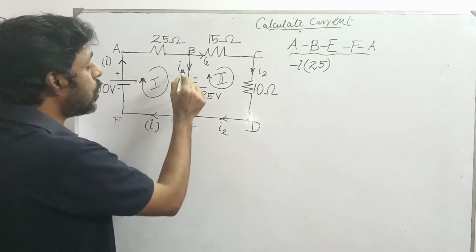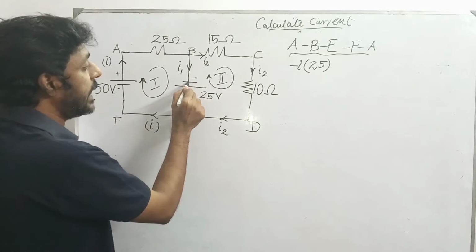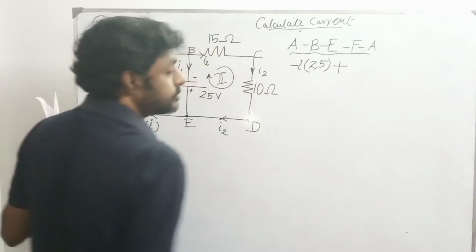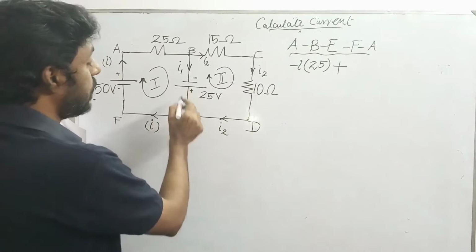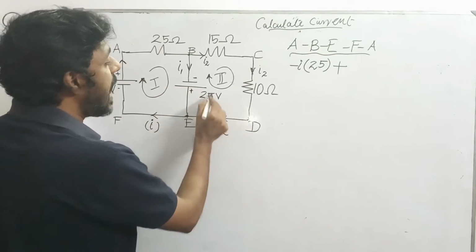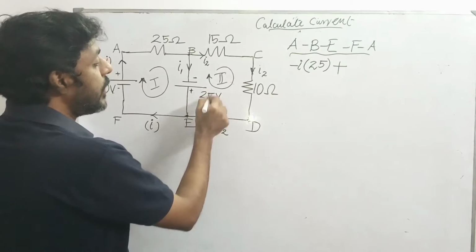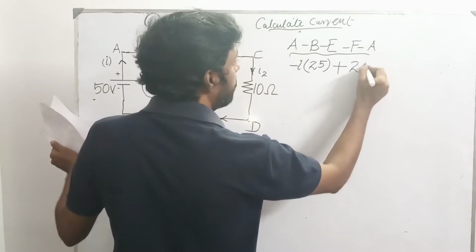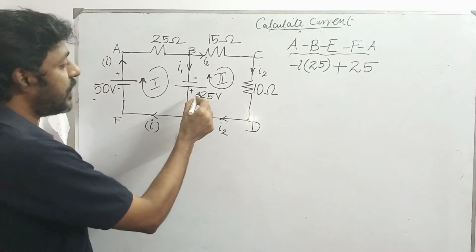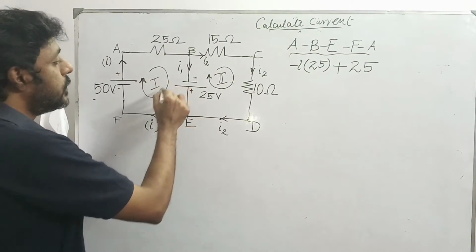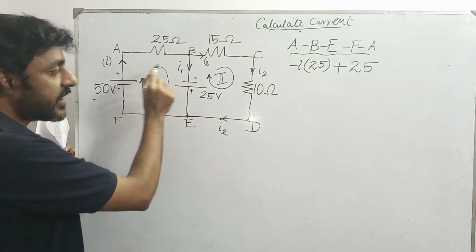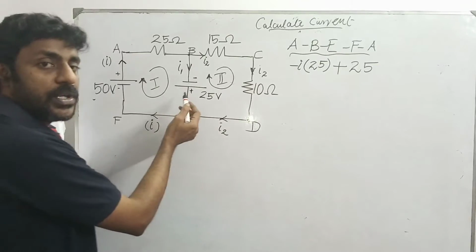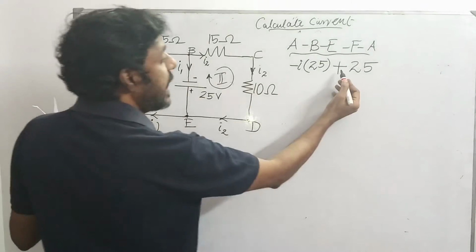The first terminal which I encounter is the negative terminal, so I need to add a positive sign over here, and I put the value of the voltage source, plus 25. Because I encounter the negative terminal of the battery first, I add a positive sign.